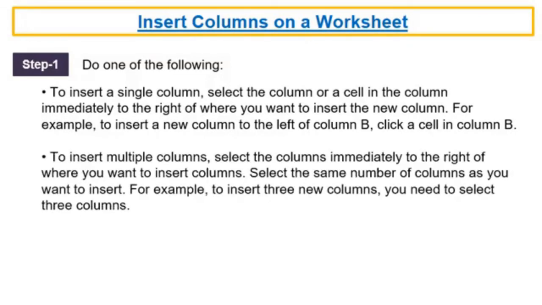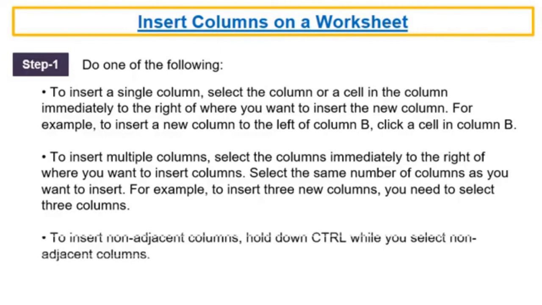To insert multiple columns, select the columns immediately to the right of where you want to insert columns. Select the same number of columns as you want to insert. For example, to insert 3 new columns, you need to select 3 columns.